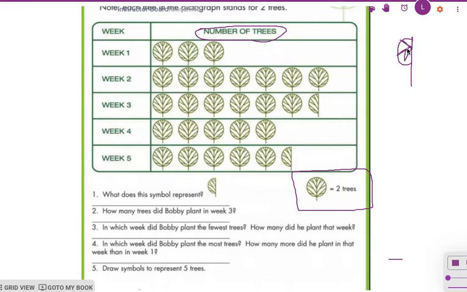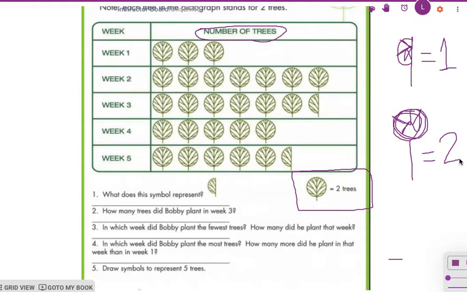There's a half of a tree. It equals 1 tree, okay? And a whole tree, let me make a big whole tree here. That means we are talking about 2 trees. So that's the most important thing that we need to know before we begin.